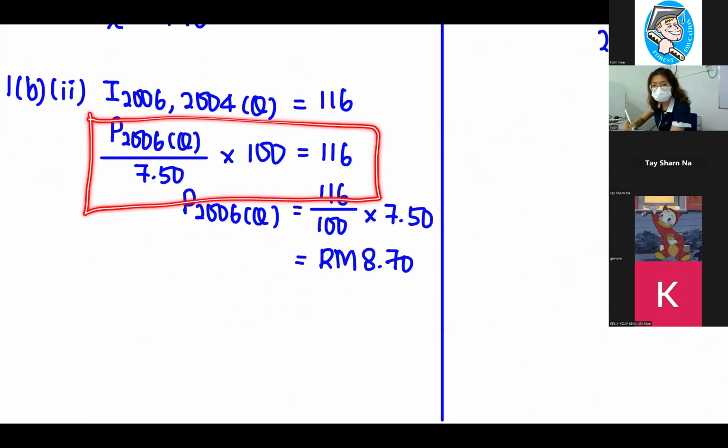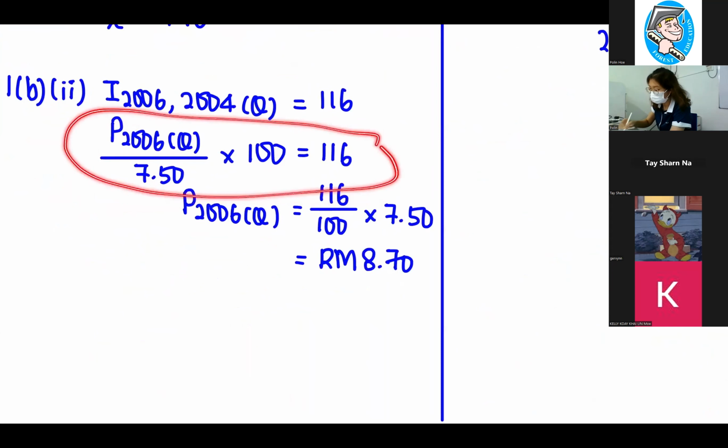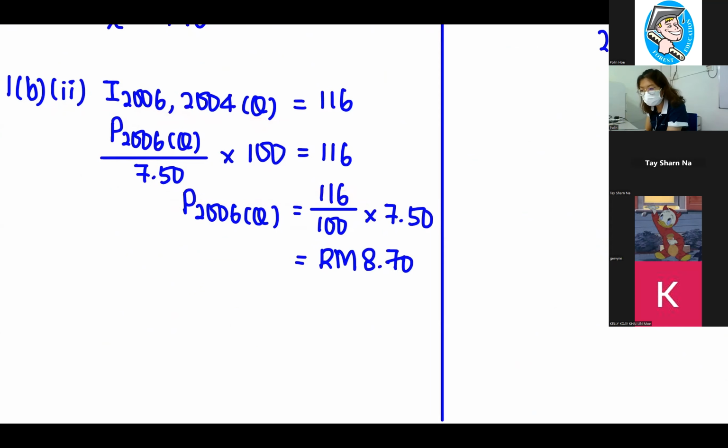You always go back to the original formula and move slowly instead of memorizing everything, because you cannot memorize so many things. So always go back to the original and then write out the information. You got 1 and 2 and you are required to find 3. If you don't know how to do it, go slowly. Multiply by 100, you move it, divided by 100. Over, you move means multiply.